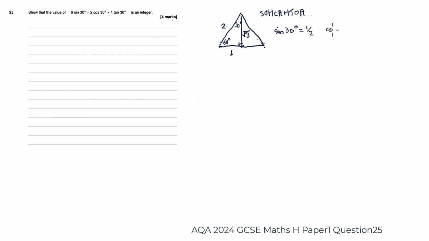And what's the cosine of 30 degrees? Adjacent over hypotenuse. Sitting up at 30, adjacent is the side that's right next to you that is not the hypotenuse. So the adjacent is √3, the hypotenuse is 2. So it's √3 divided by 2.